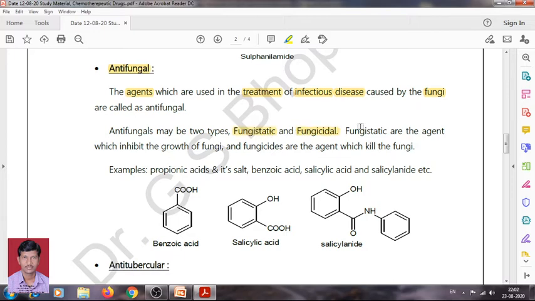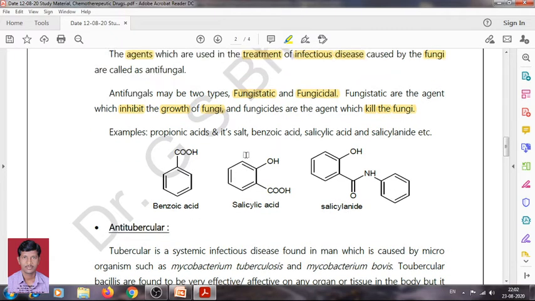Fungistatics are the agents which inhibit the growth of fungi only. But fungicidals are the drugs which are used to kill the fungi. This is the difference between fungistatic and fungicidal.